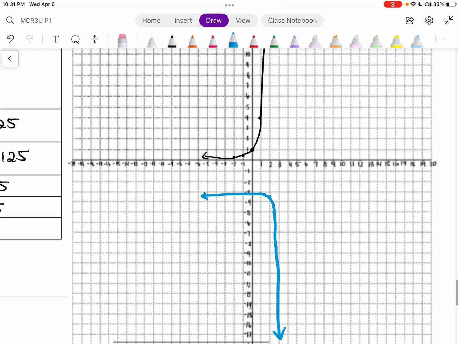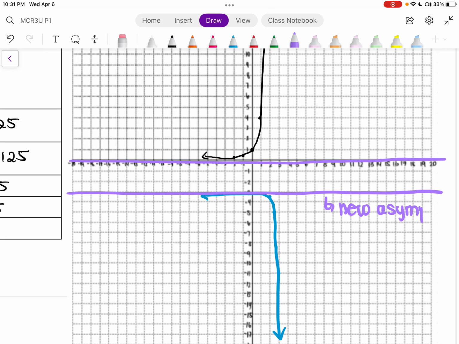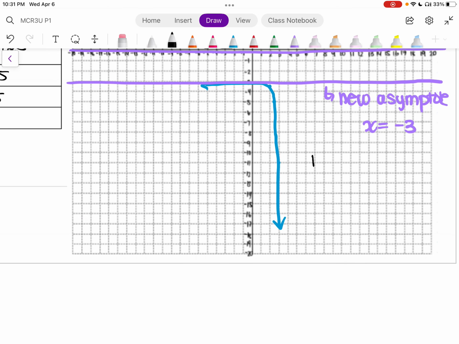Okay, and again, my asymptote here was 0. Just like the graph, it's going to shift down by 3. So my new asymptote is x equals negative 3, which also means that my domain is going to stay the same because nothing's really changing with my x's.